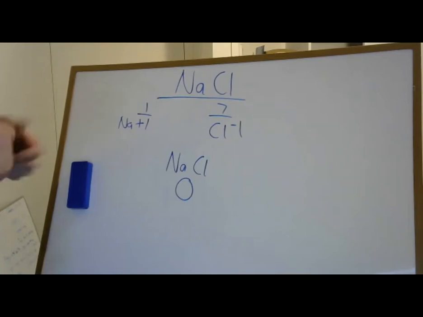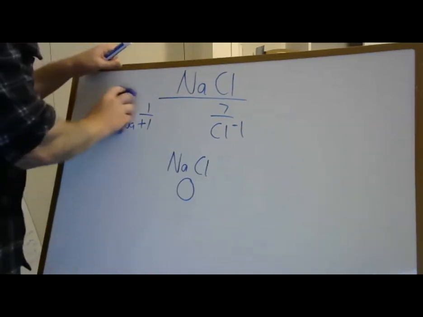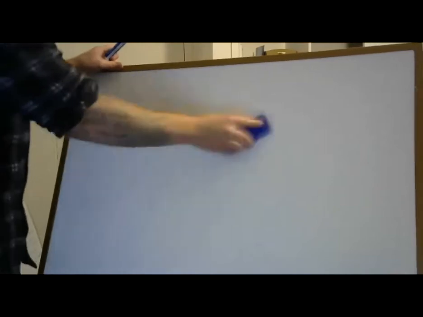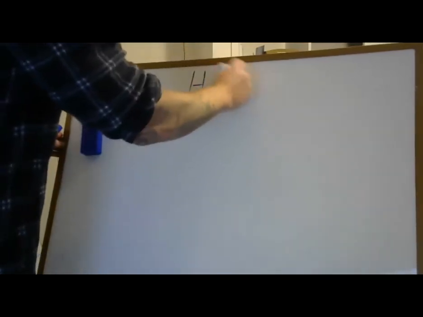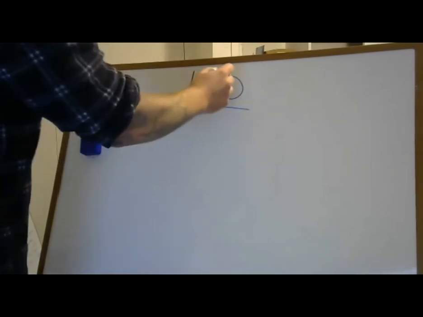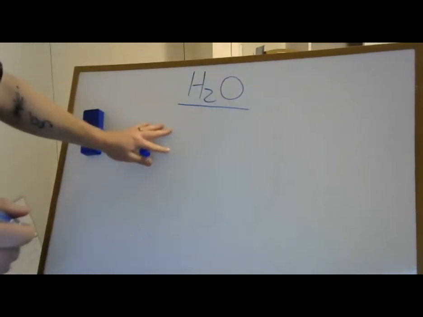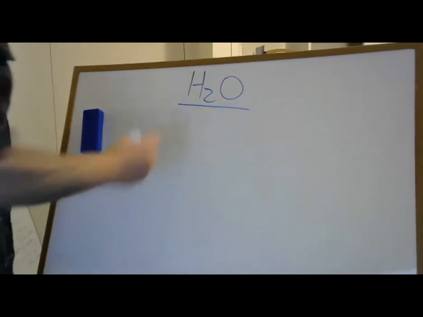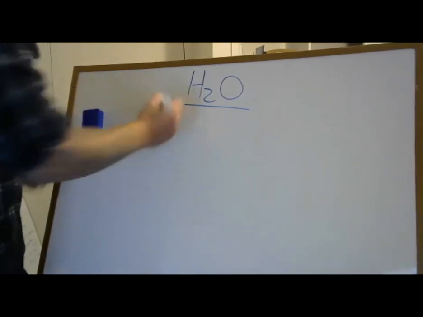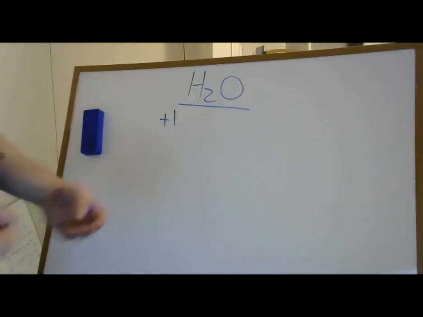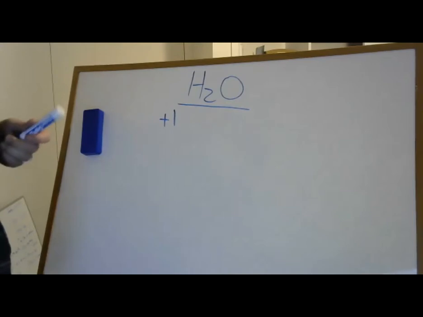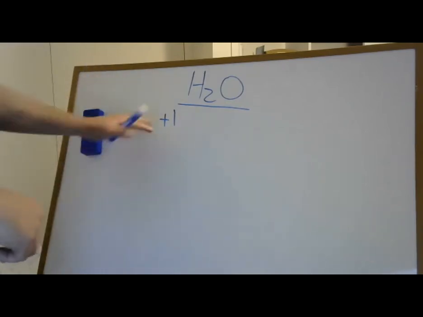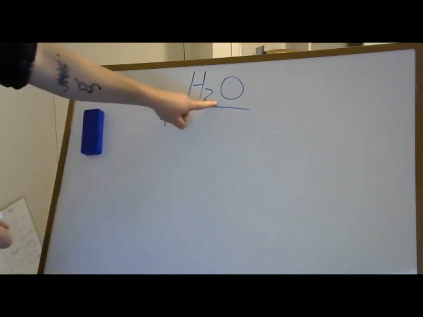So we can look at that again with water, H2O. This hydrogen is in group 1, and in this case, it's going to be +1. It will always donate 1 electron. It can accept 1 electron in certain situations, but for this, let's just assume it always donates. But there's 2 of them, right?